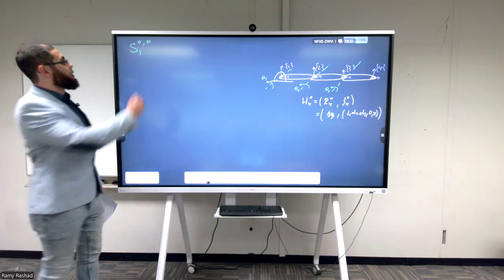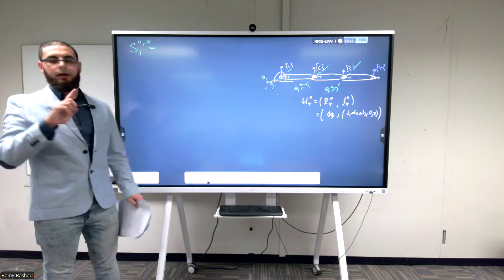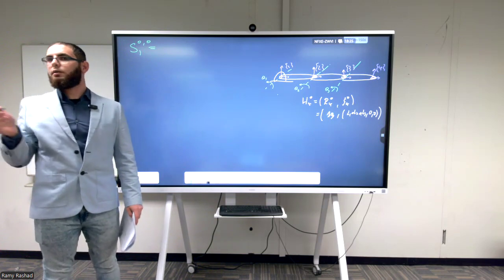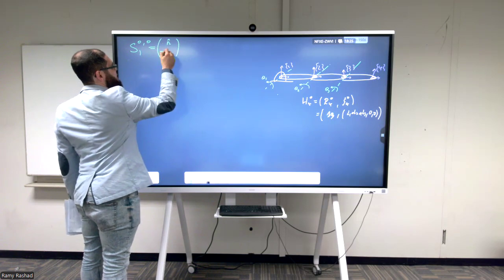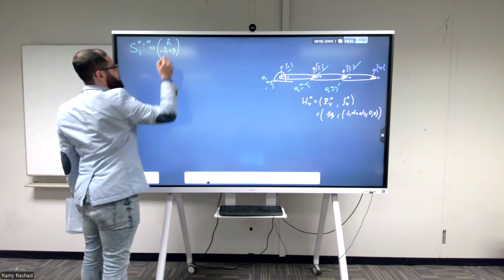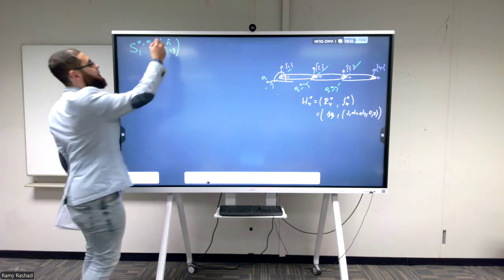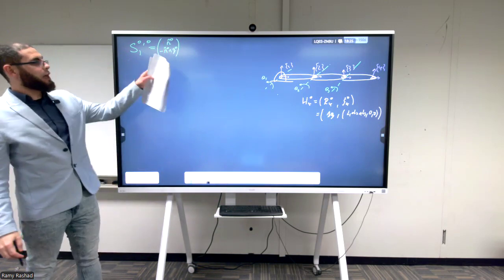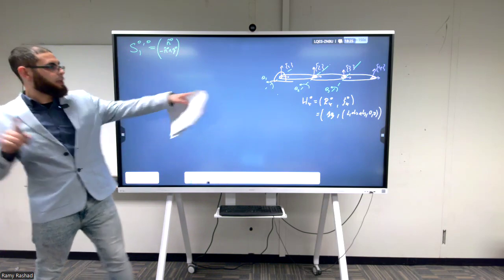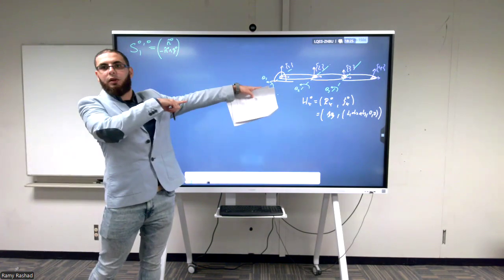We said that if it's a revolute joint, then it will have a form that looks like this: n hat here and minus n hat cross product with some q. Everything will be expressed in the 0 frame. And we're talking about a particular axis. It's the one that we draw like this. This is the axis we're talking about.